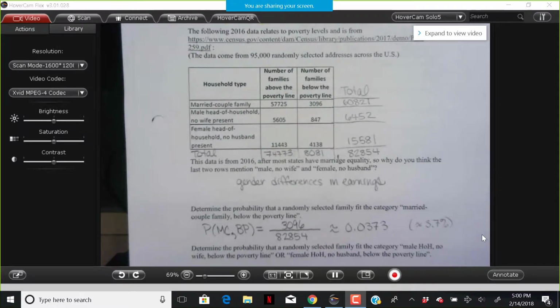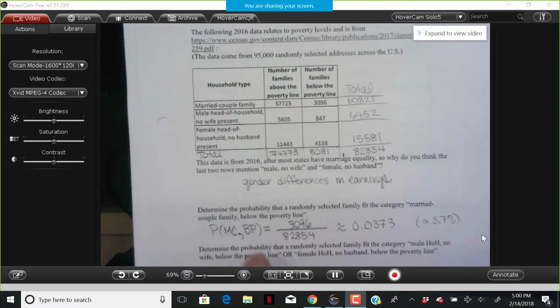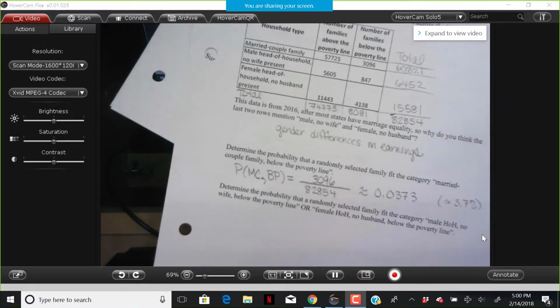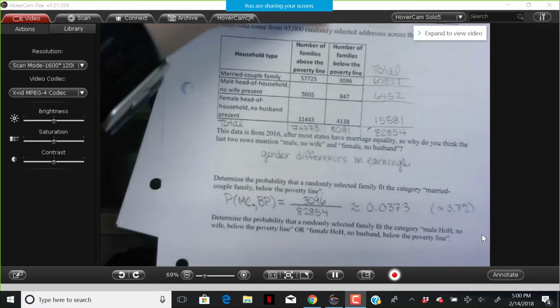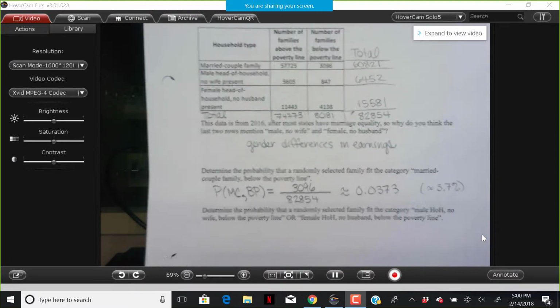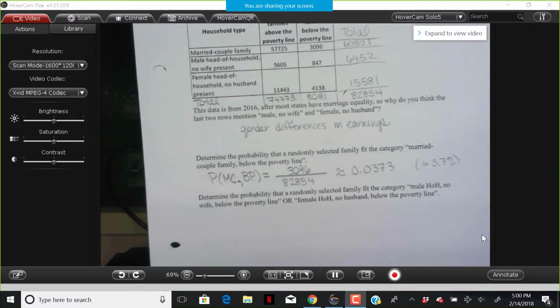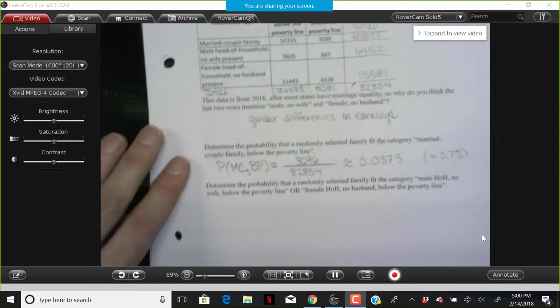Now the next one says, determine the probability that a randomly selected family fit the category male HOH, which means head of household, no wife, below the poverty line, or female head of household, no husband, below the poverty line.